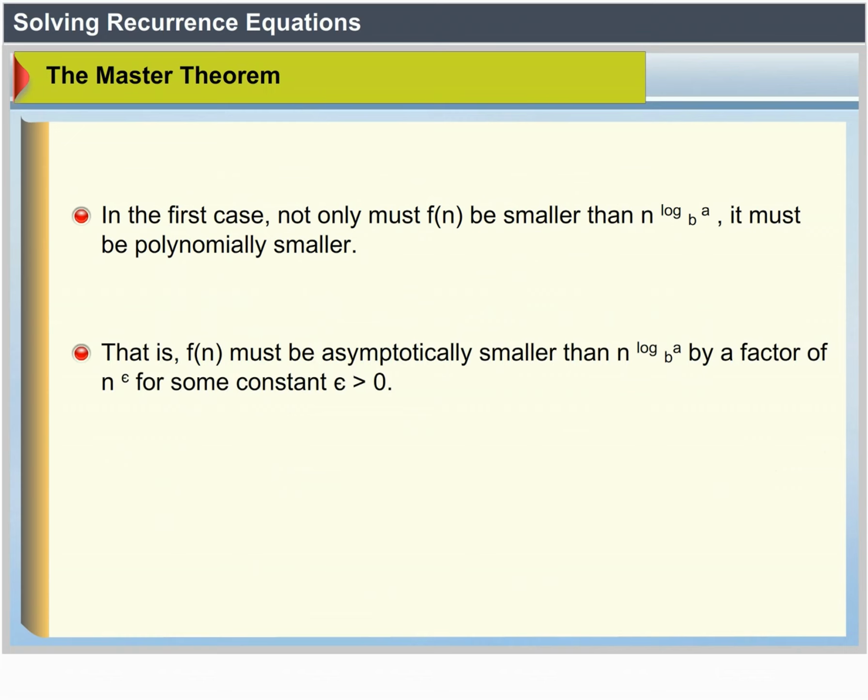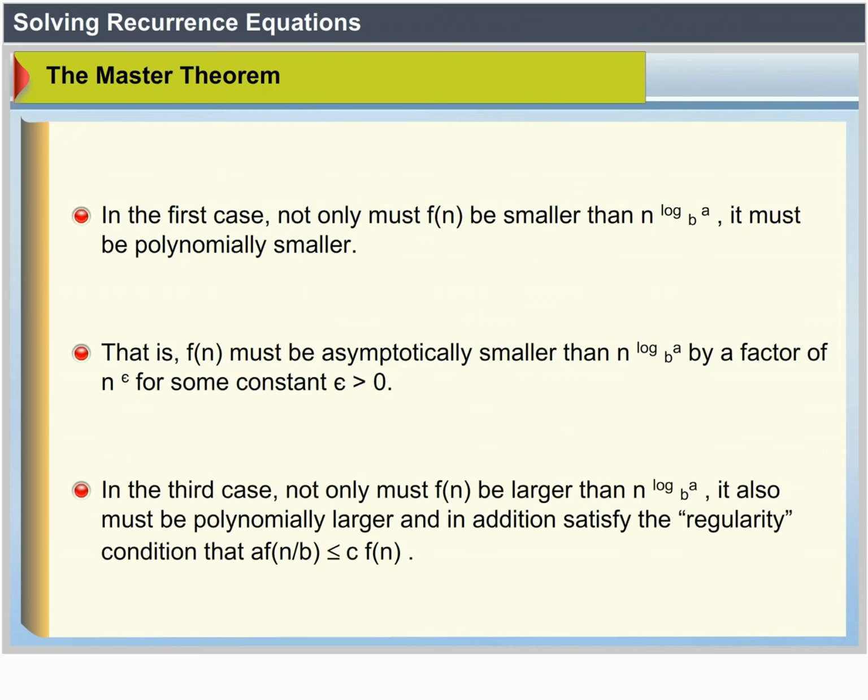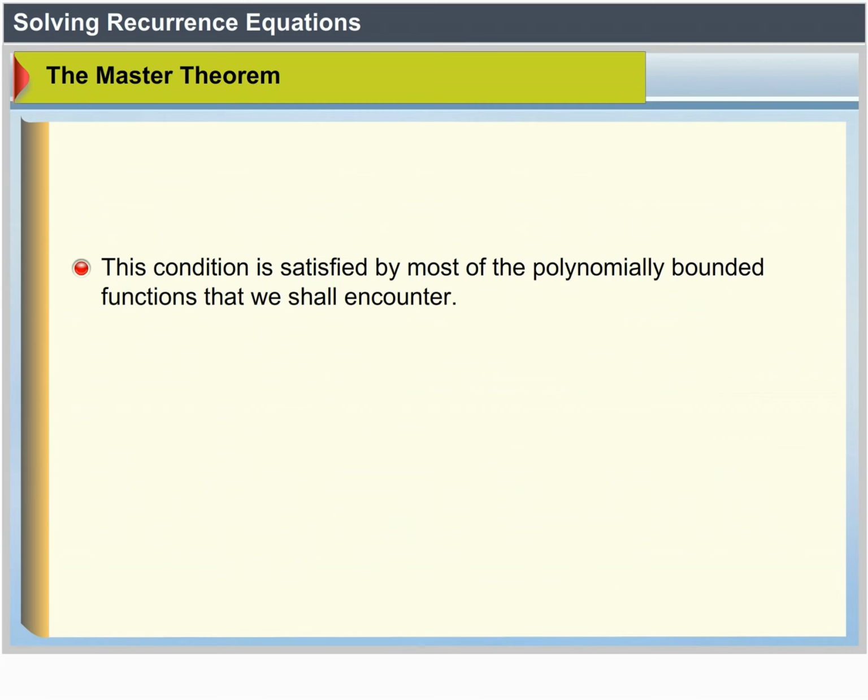In the third case, not only must f(n) be larger than n^(log_b a), it also must be polynomially larger and in addition satisfy the regularity condition that a f(n/b) is less than or equal to c f(n). This condition is satisfied by most of the polynomially bounded functions that we shall encounter.